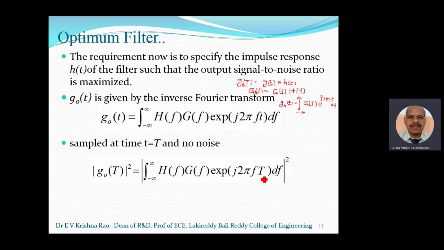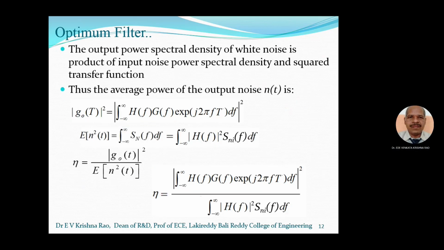This is the output sampled at t equal to capital T seconds, and we want the squared magnitude. The squared magnitude of the output signal power is the magnitude squared of the integral from minus infinity to infinity of H of f and G of f e power j 2 pi f capital T df. The average noise power is calculated from the output power spectral density, the integral from minus infinity to infinity of Sn of f df.